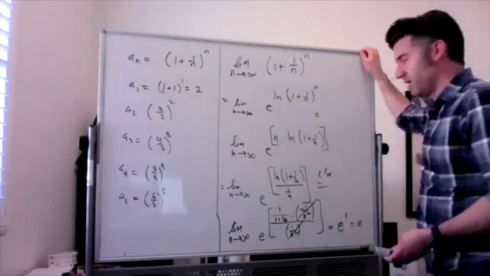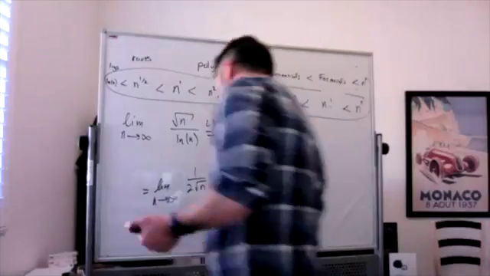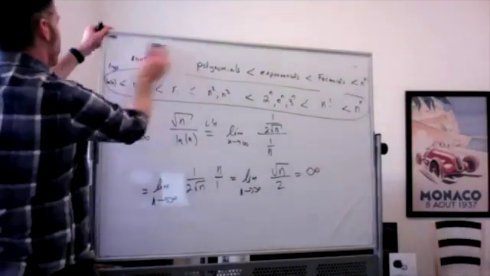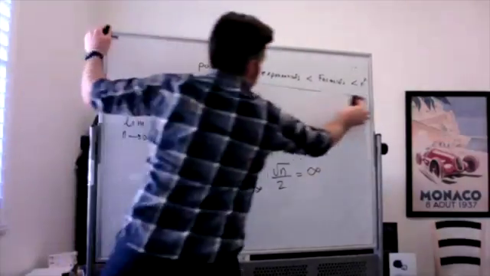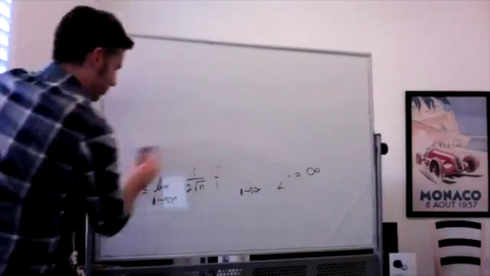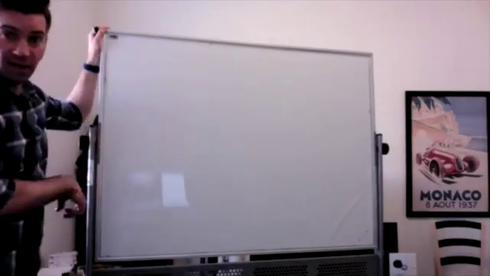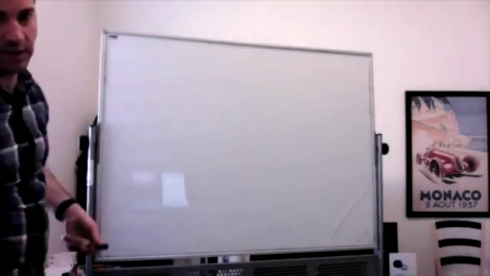It's kind of neat. It definitely will show up again and again, so you should get used to seeing it. There are some cool series questions that use the ratio test that have that limit pop up inside of it, which I think is interesting.